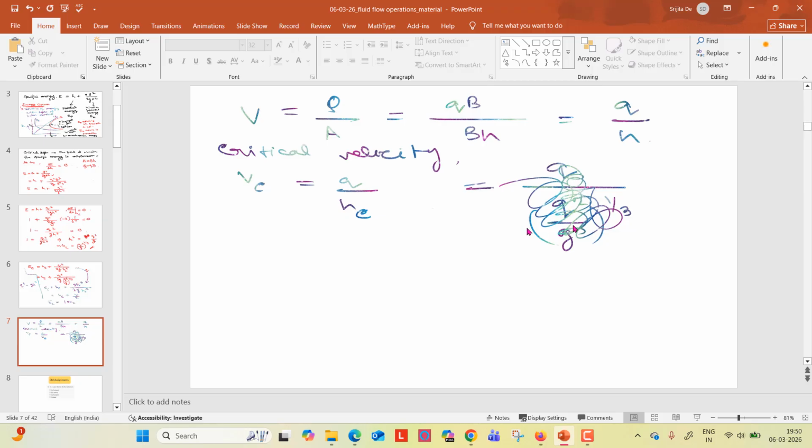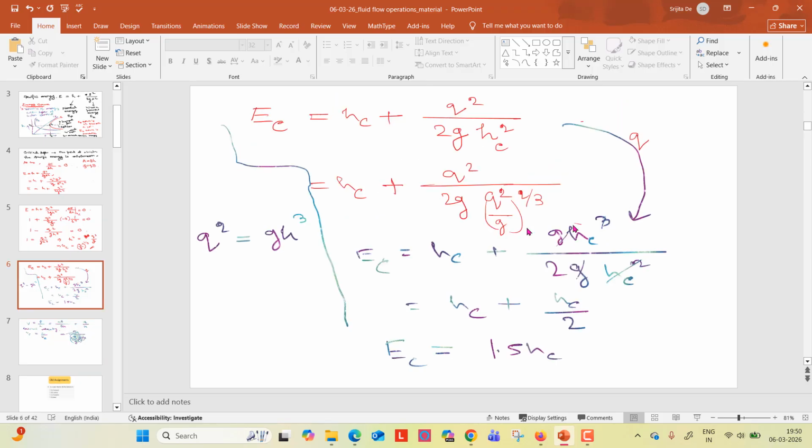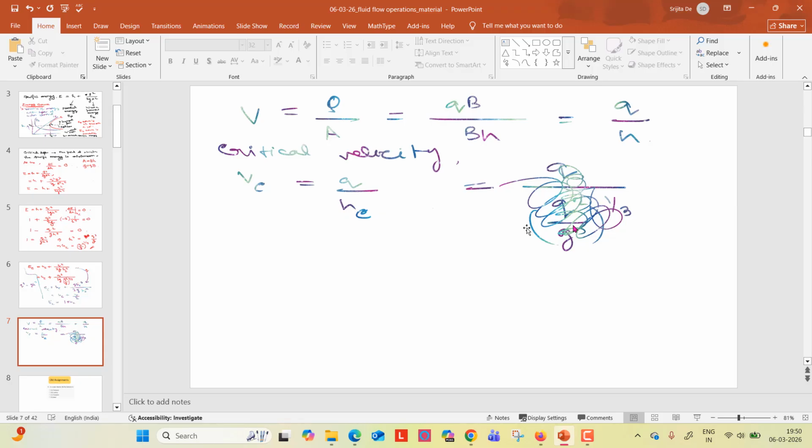So from the previous step, we have seen that Q square equals to g hc cube, right? So Q will be the square root of g hc cube, and at the bottom there is Hc.